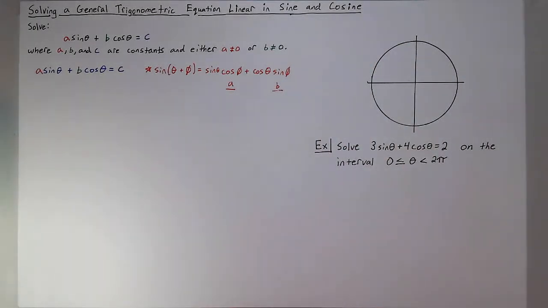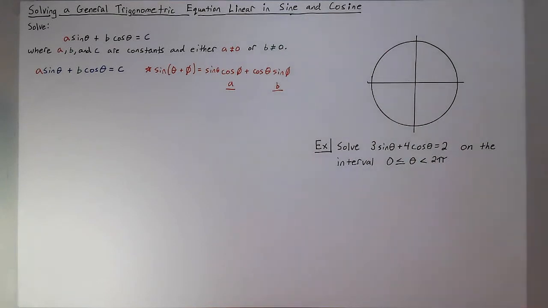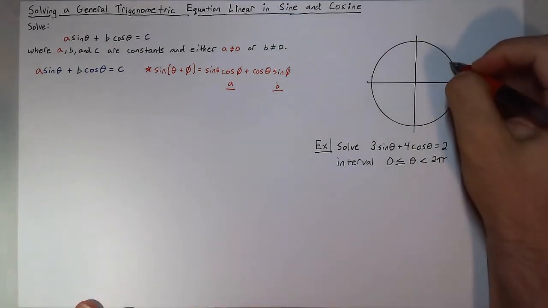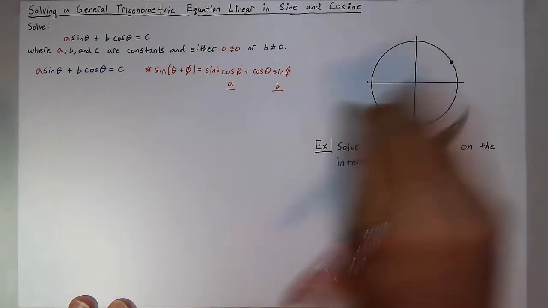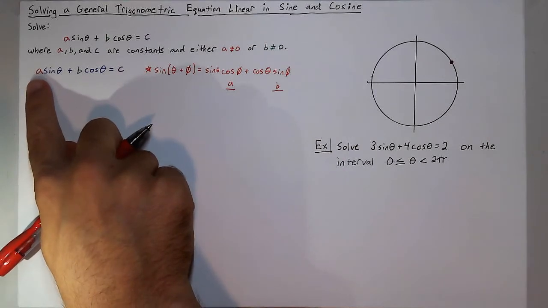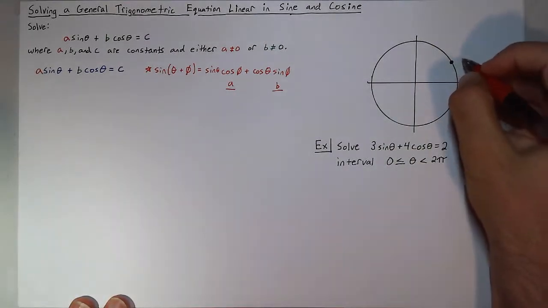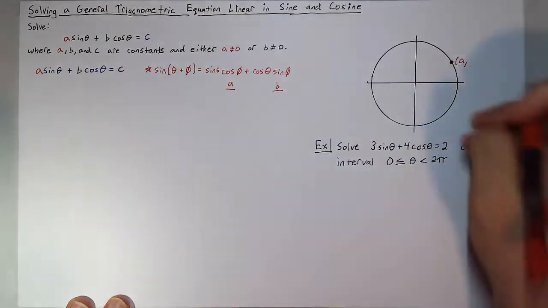So what I'm going to do is go to my circle over here, and I'm going to label a general point on the unit circle over here, where I'm going to let the x value be the a value here, and the y value be b.